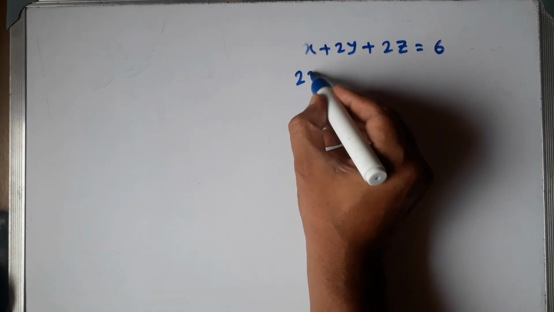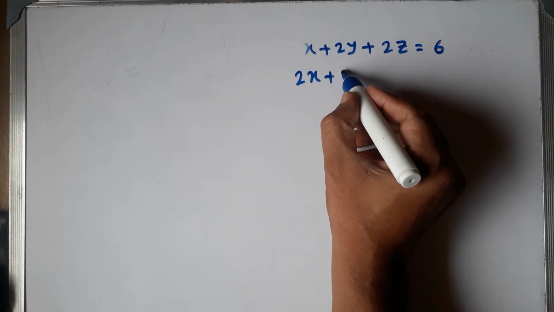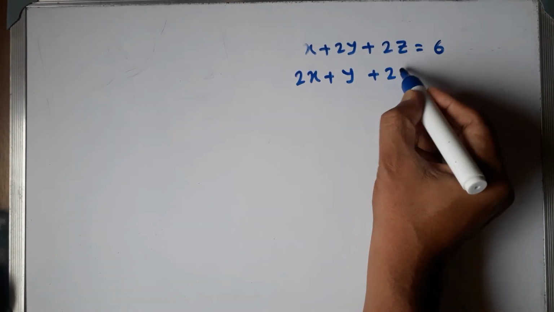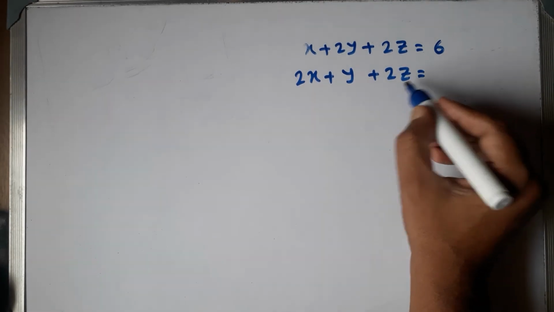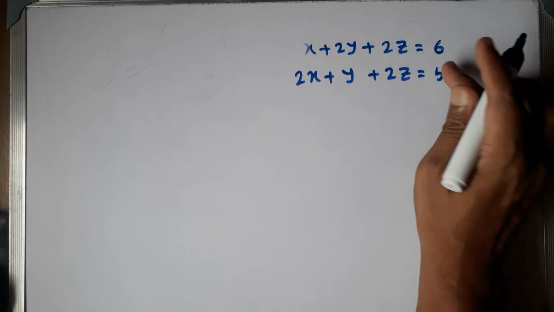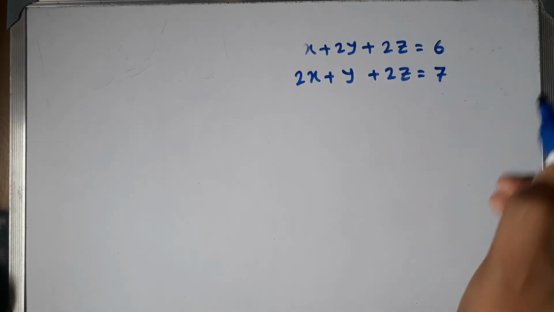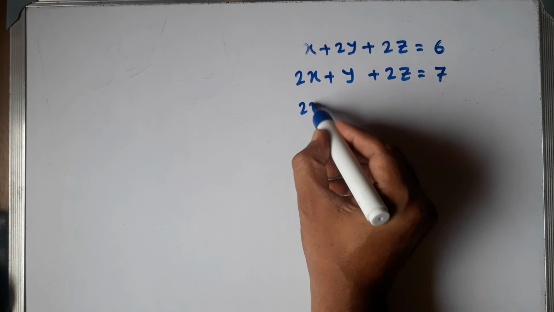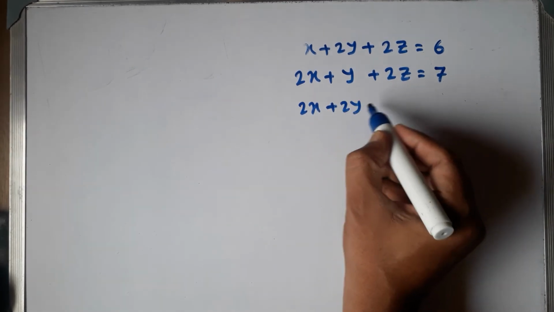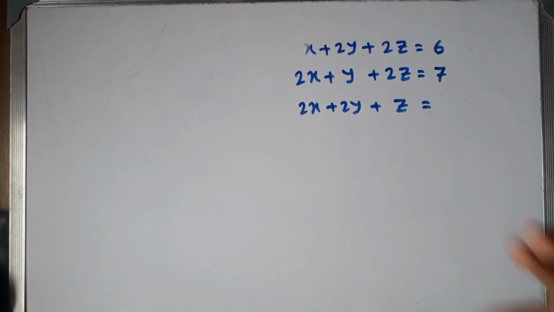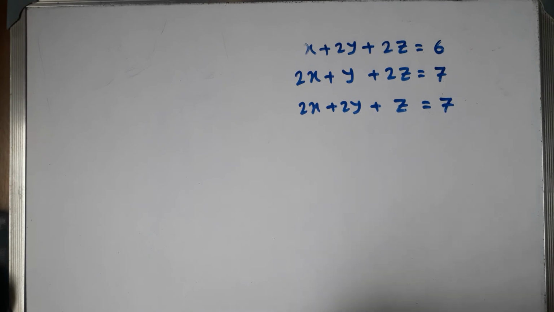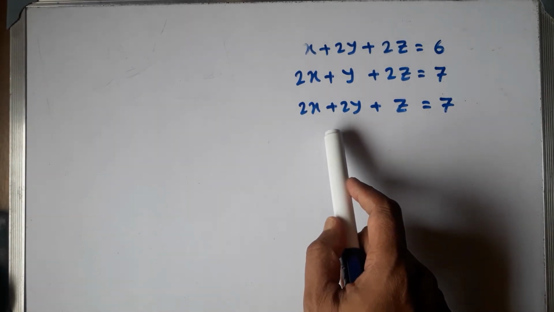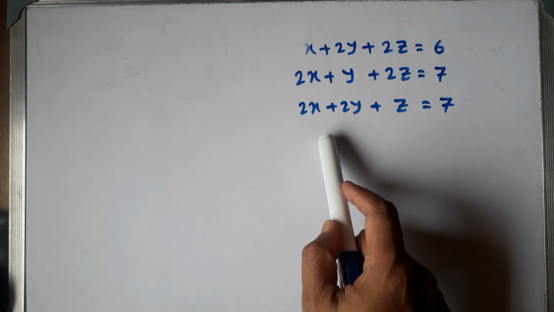Then 2x plus y plus 2z is equal to 7, and 2x plus 2y plus z is equal to 7. Solve the system by Cramer's rule.